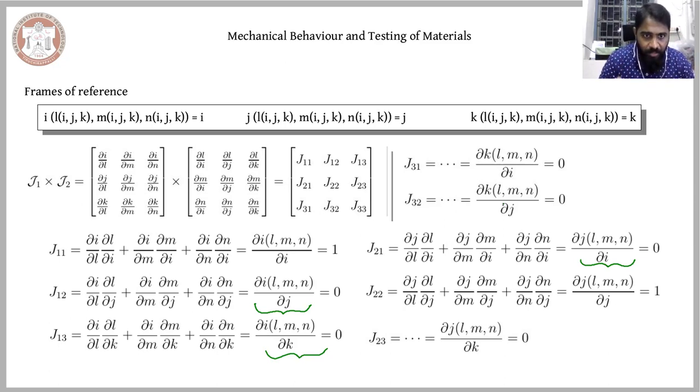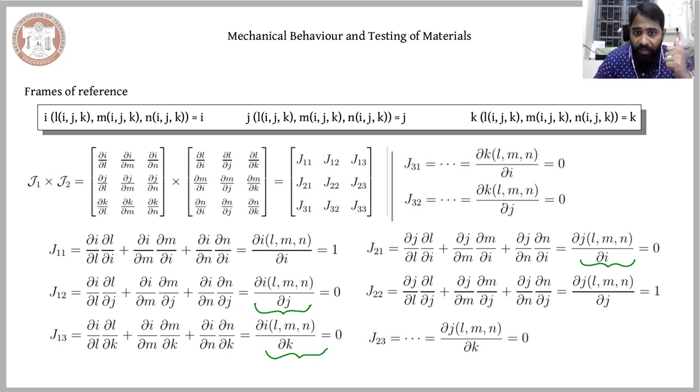Let me repeat. The product of my Jacobians is going to give me the identity matrix only when the change in one basis of a coordinate system is independent of the change in another basis of the same coordinate system.